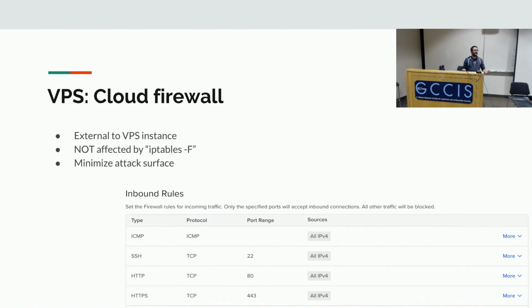So in the event an attacker gained access to my box and had enough privileges to run iptables -F, that would not affect the firewall run by DigitalOcean. They're not connected in any way. So that's one layer of protection. If someone does get access to my box and runs iptables -F, it does not affect these rules right here.